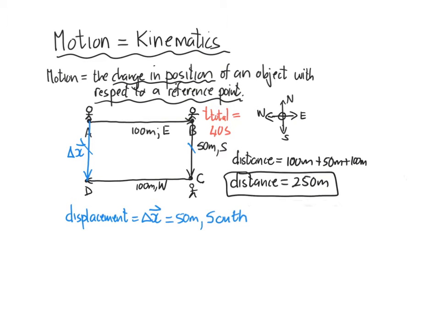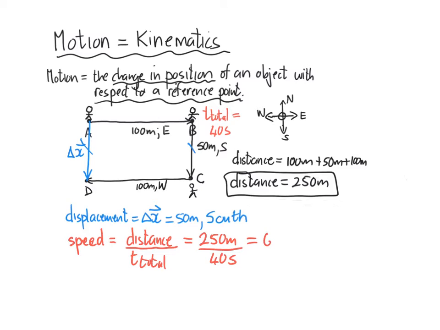Now, earlier in the year we learned that speed is the total distance traveled per unit time, so that would be t total. So that would be 250 meters over 40 seconds, which equals 6,25 meters per second.